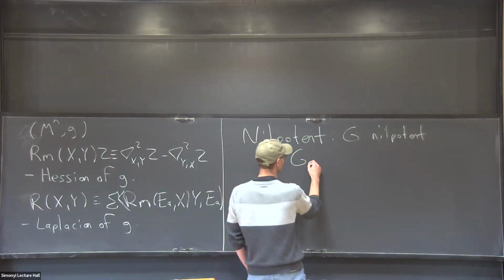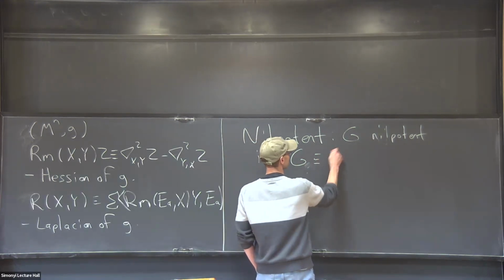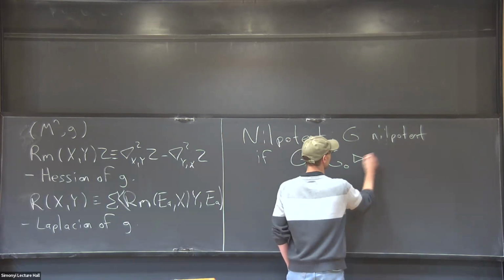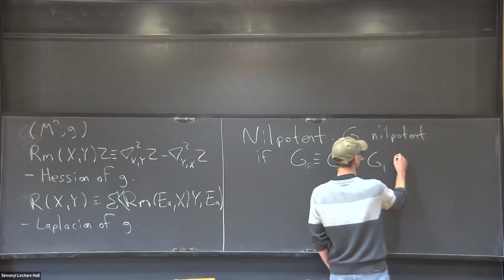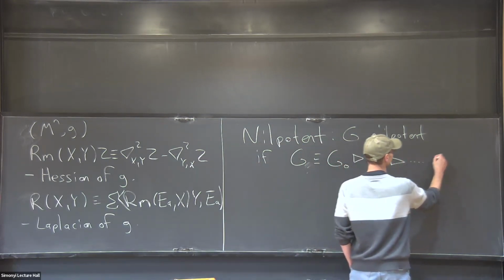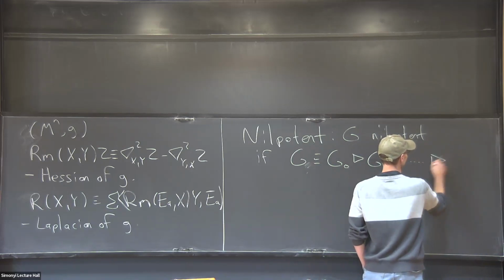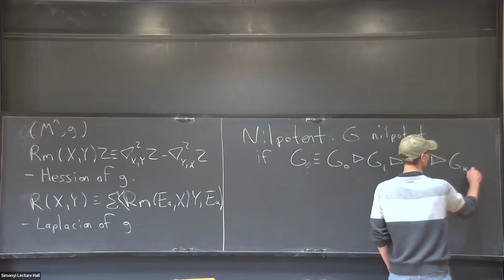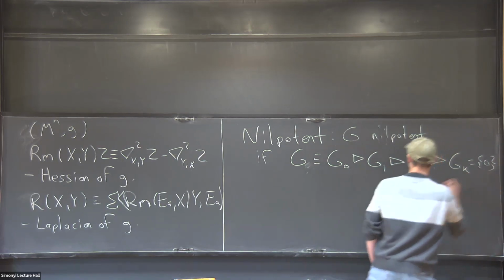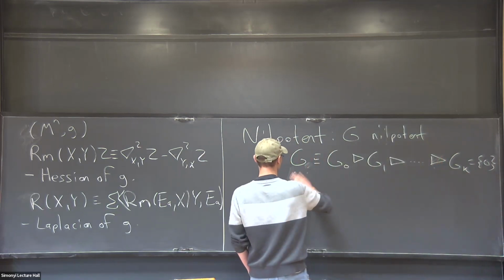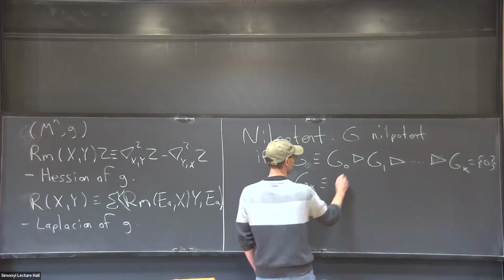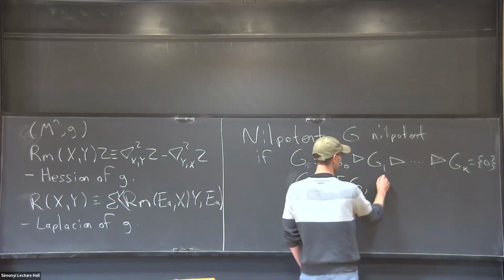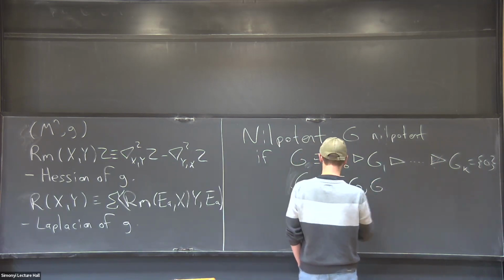That is, if I look at G, call that G naught, a sequence of normal subgroups, G1, G2, and so forth, where each Gk is the commutator subgroup of G with the previous one.